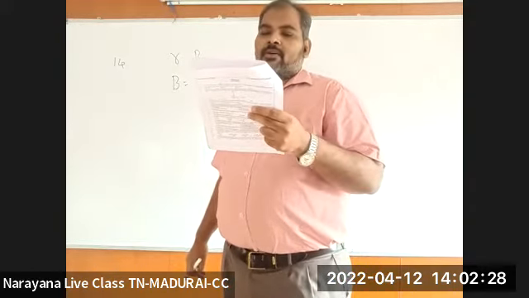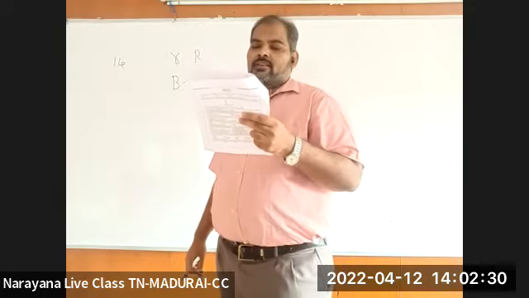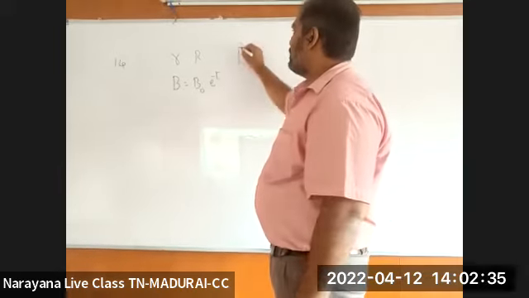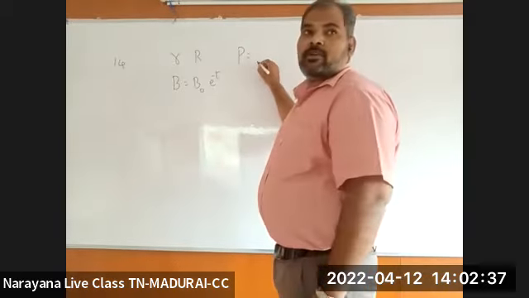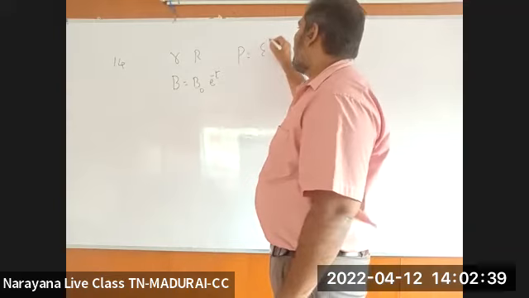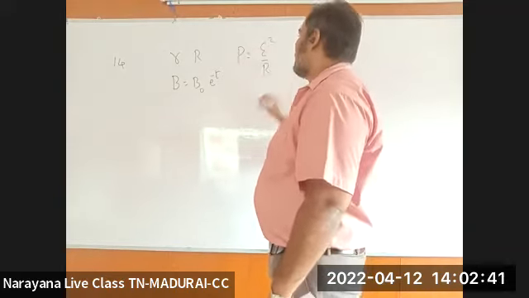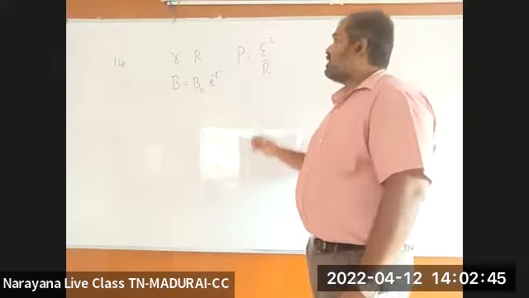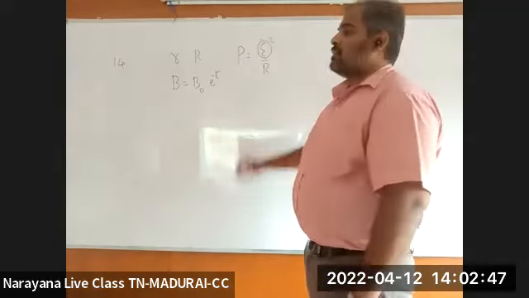It is asking power developed right after closing the switch. What is the power developed formula? EMF induced divided by resistance. Correct or not? You have to find the EMF induced. How will you find it?